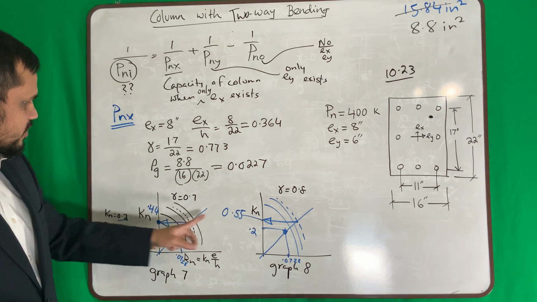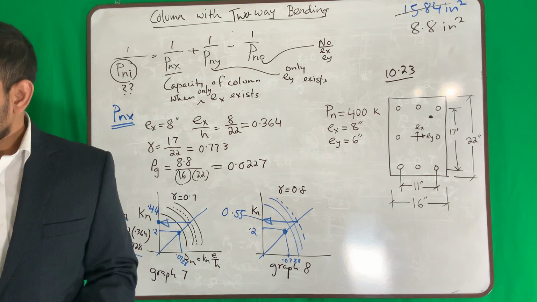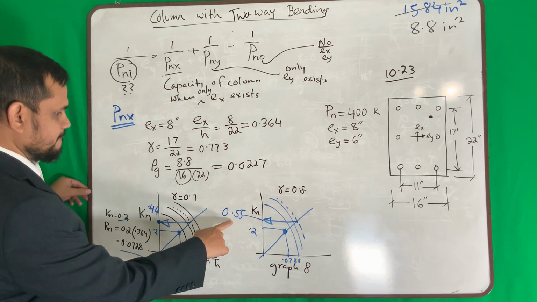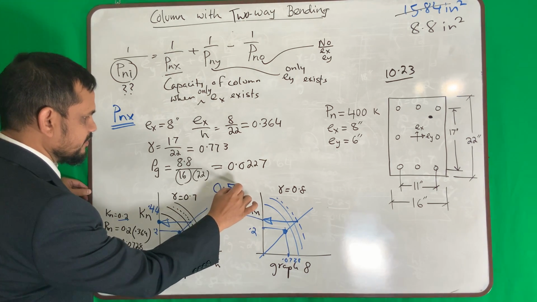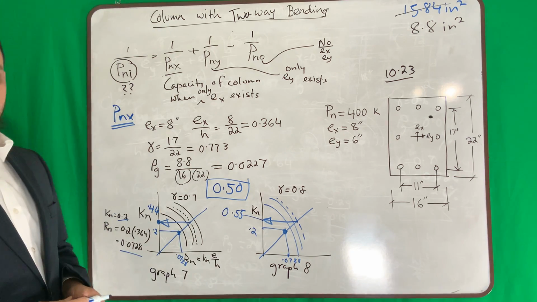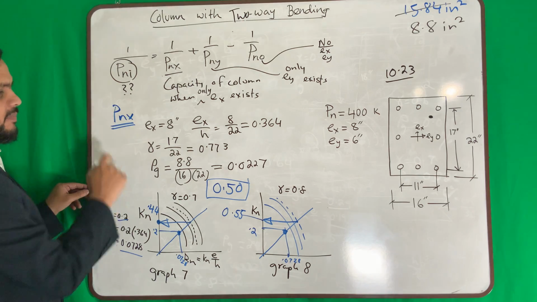So 0.44 and 0.55, if I interpolate in between, your book used 0.50. So my Knx, your book used 0.50. Okay, if I know Kn, how can I find Pnx?